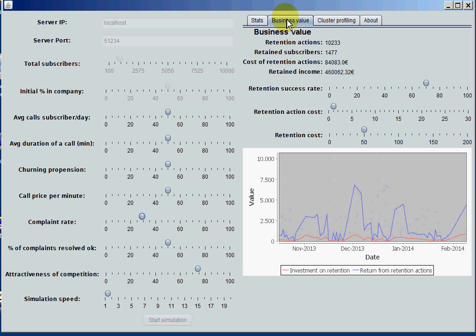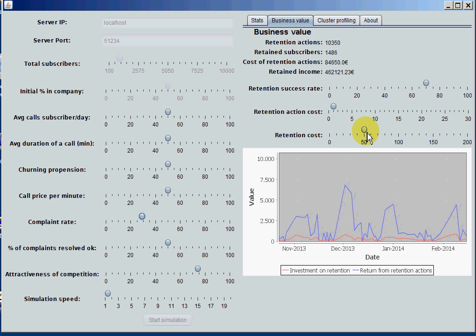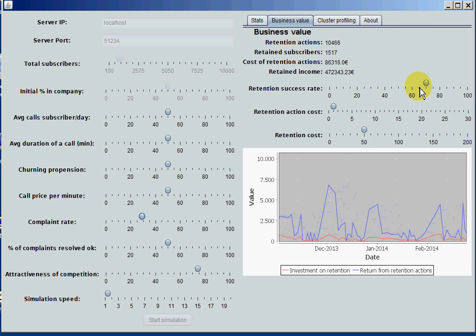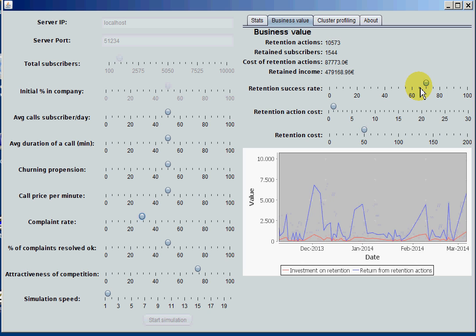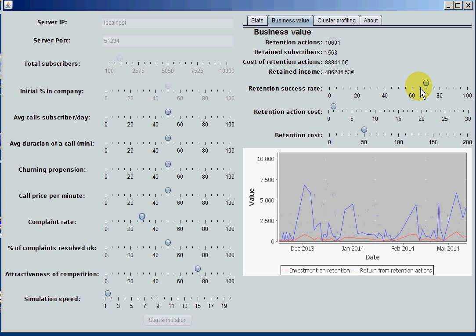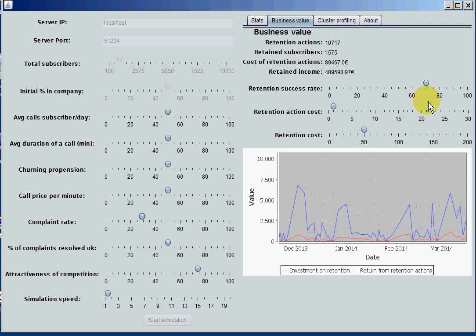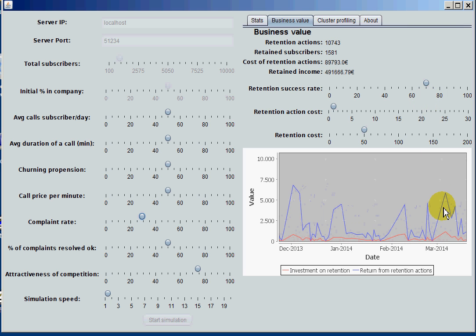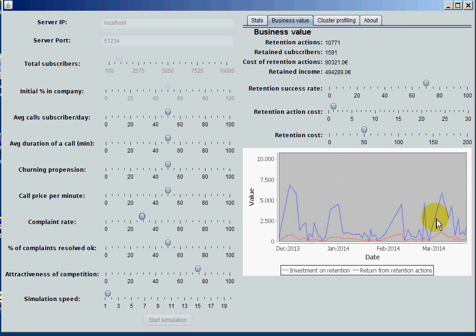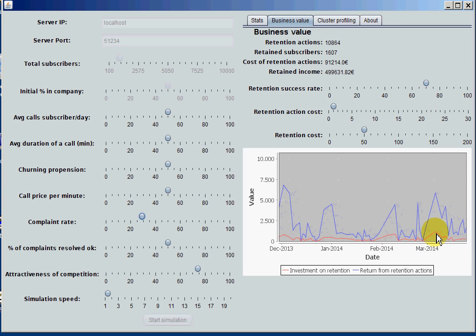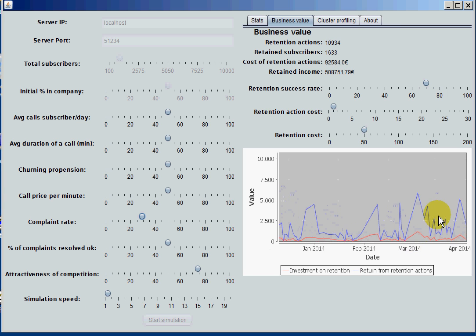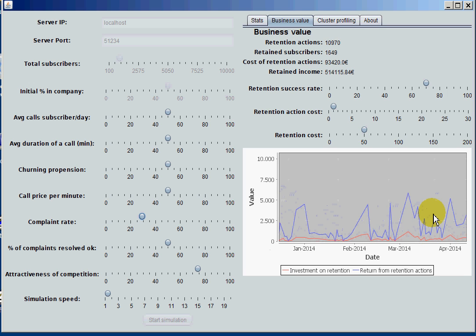With this slider, we control the cost of these actions when they are accepted. For example, the value of the discount that we offer. Customers may accept this offer or not. With these sliders, we can change the probability that they accept. For simplicity, we have assumed that all customers accept with the same probability. Here, the red line indicates the daily cost of the retention actions we perform, and the blue line the income that can be attributed to these actions.